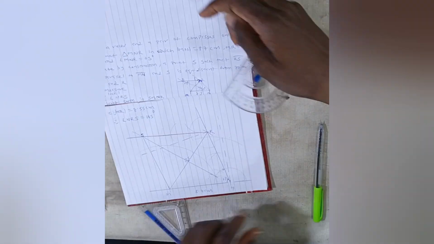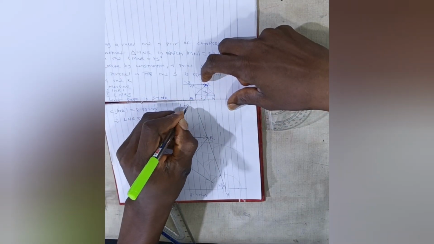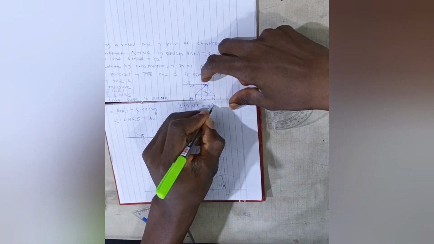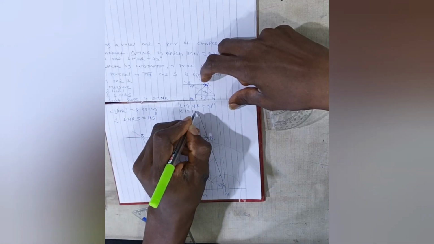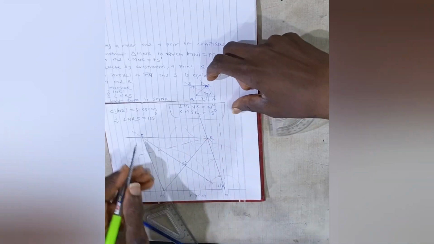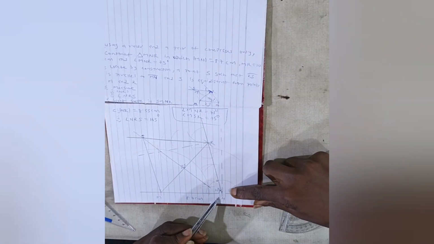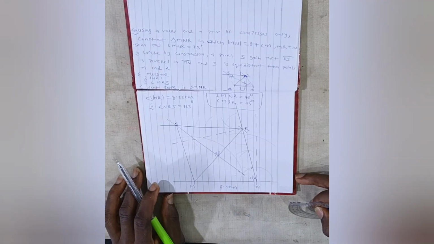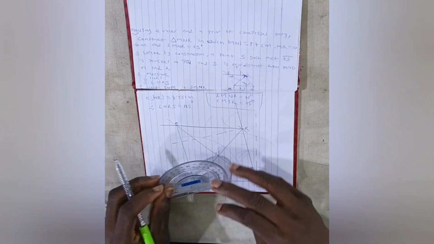So we have angle MN to be equal to 75 degree given, and our angle MX is equal to 75 degree. So we can see that the opposite angles are equal, and our angle NS is 105 degree. Let's check our angle SM, which is the opposite angle.